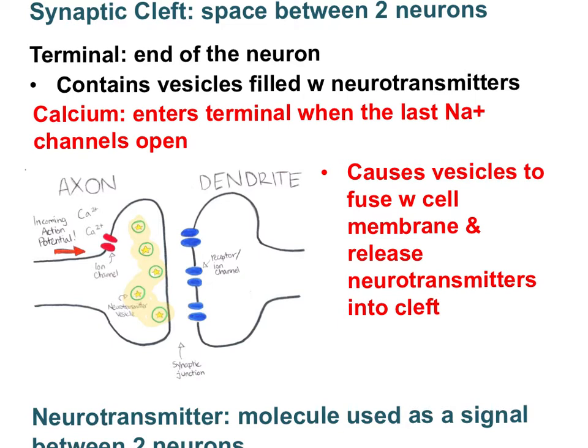Calcium is going to be a big player for us today. Calcium is another ion which is typically on the outside of the neuron when the neuron is at rest. So when at rest, calcium is on the outside.